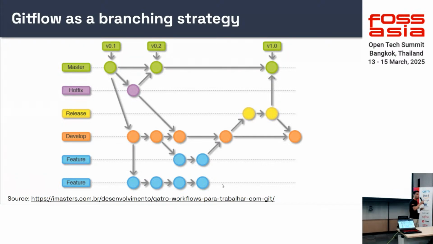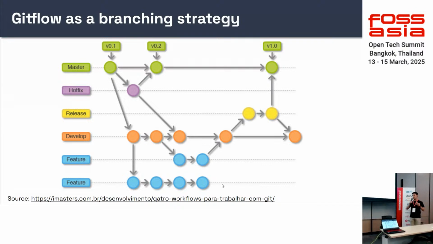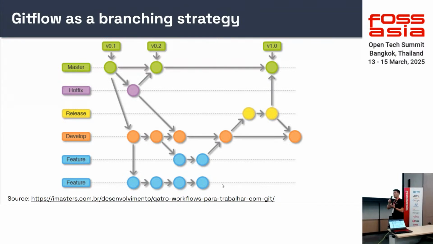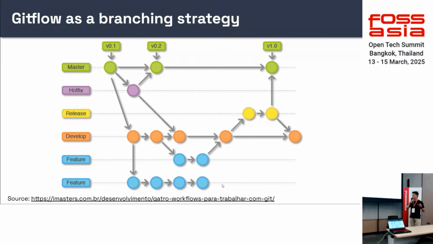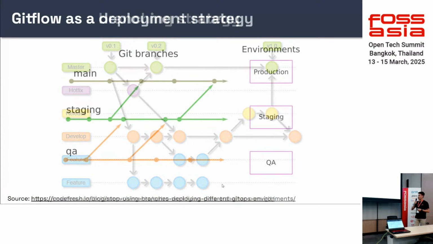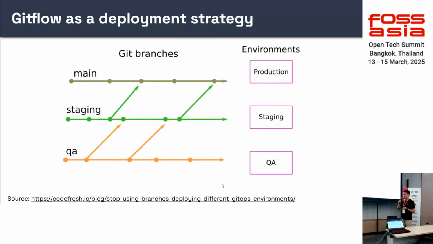On a daily basis, as the developer, if I want to change something in the software, I will create branches, make modifications, and submit them to the develop branch. In case I want to fix a bug, I will open another branch called hotfix, make my modification, and try to fix the problem. And ultimately, if I want to release a new version of the software, again, I will have a tag with a dedicated branch. So when we do Git flow, we want to isolate branches.